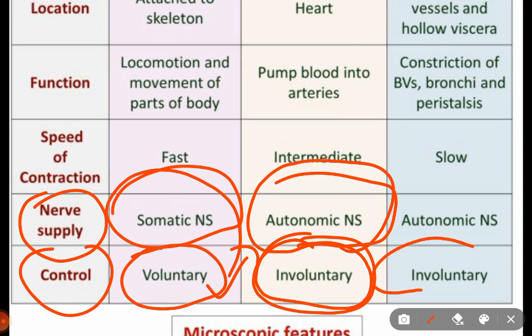Same goes for smooth muscles. They are also involuntary in nature. You do not control their movements. For example, you cannot stop the flow of food through the intestines into your stomach. It's an involuntary process, and since it's involuntary, it is also controlled by the autonomic nervous system.